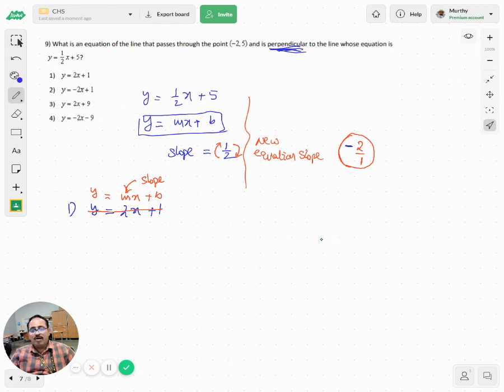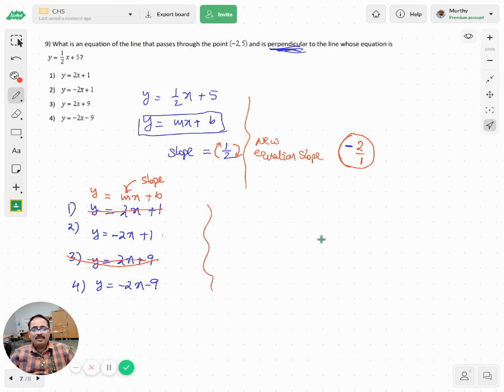Now let's take all the four options. Option 2 is y equals negative 2x plus 1. Option 3 is y equals 2x plus 9. Option 4 is y equals negative 2x minus 9. Well, we know that the slope should be negative 2. Therefore, I can drop 3 also because it is a positive slope. So it could be either the second one or the fourth one.